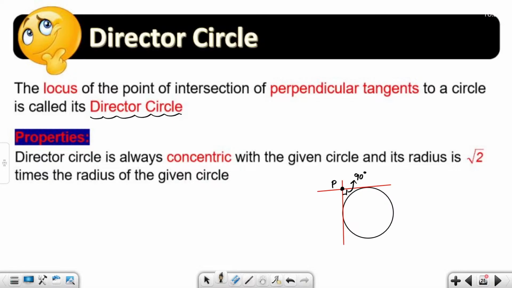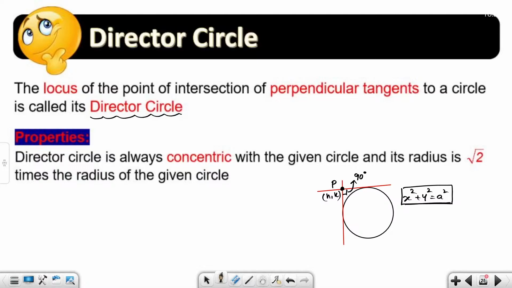Clear? So now I will find out the locus of point P, where the angle between the tangents is 90 degrees. Let us say the equation of the circle is x square plus y square equals a square. I am taking the standard one; you can take the general form also, it doesn't matter. Let the point P be h comma k, any point on the locus.